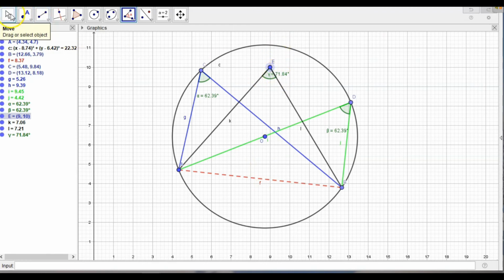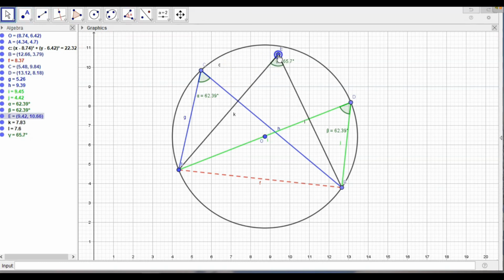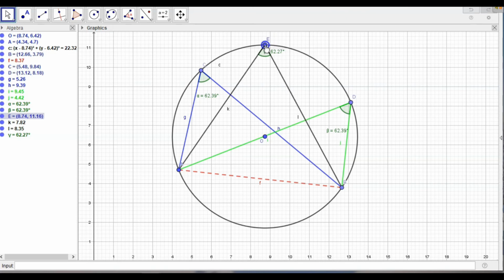Assuming I move the point E very close to the circumference of the circle, you realize I get closer and closer to the value we are supposed to find. It is 62 point something, so it's getting closer to the actual values for angle beta and angle alpha, which are exactly on the circumference of the circle.